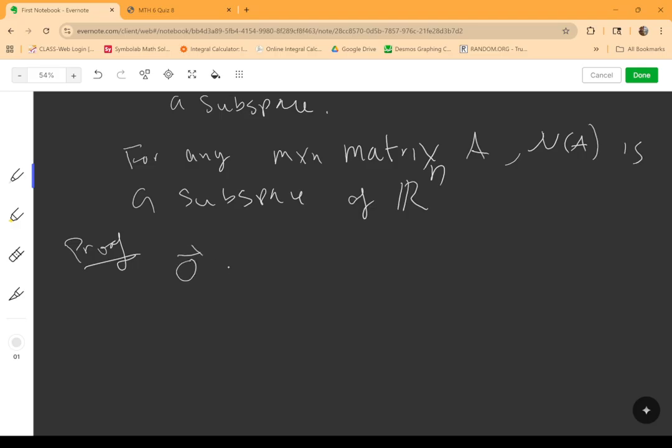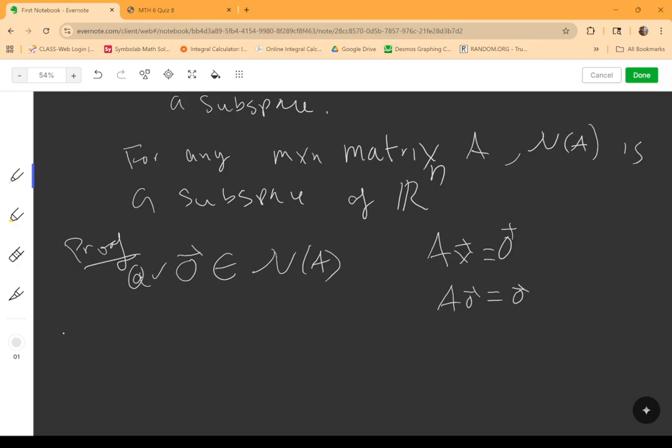The null space always includes the zero vector, because if we think of the homogeneous linear system, the zero vector is always a solution. Check, not empty.